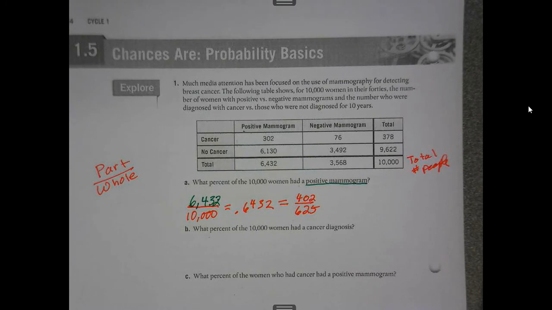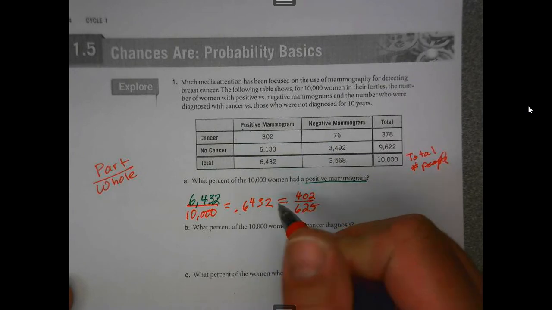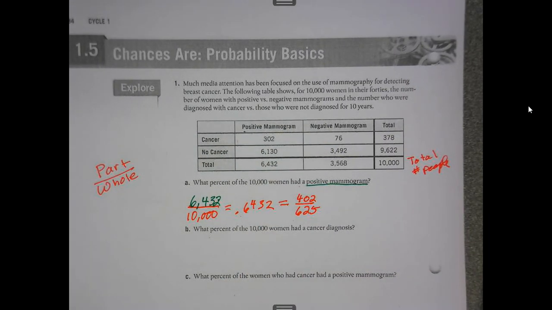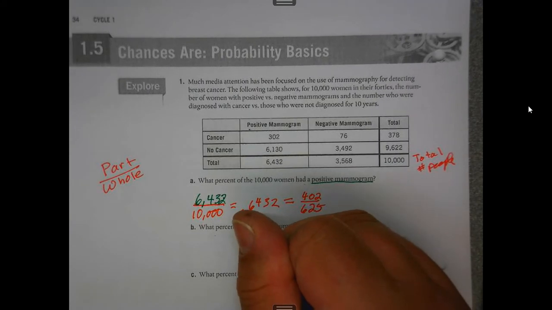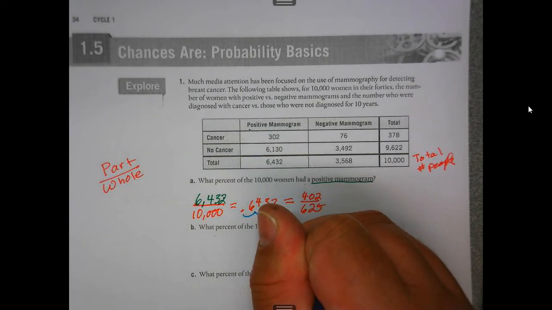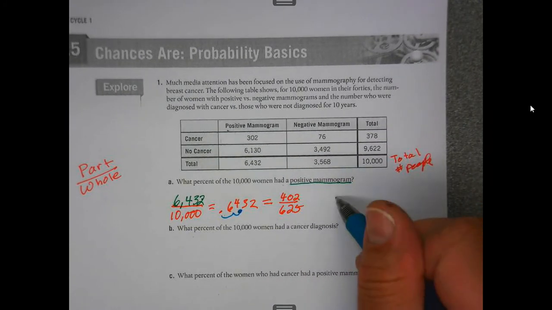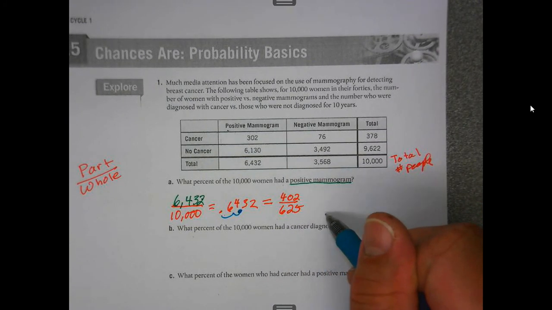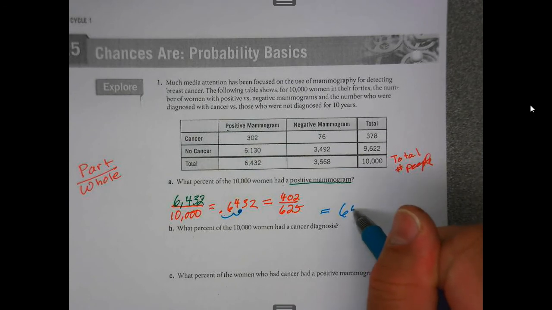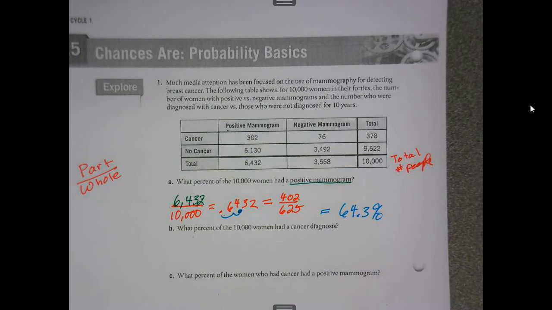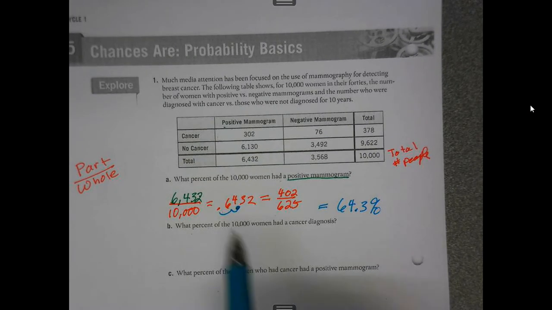To change a decimal to a percentage, just move that decimal point over 2 places, and that gives me the percentage. So the percentage here would be 64.3, and we'll do tenths percent. Oh, actually, they do ask for the percent, so we'll use percentage.